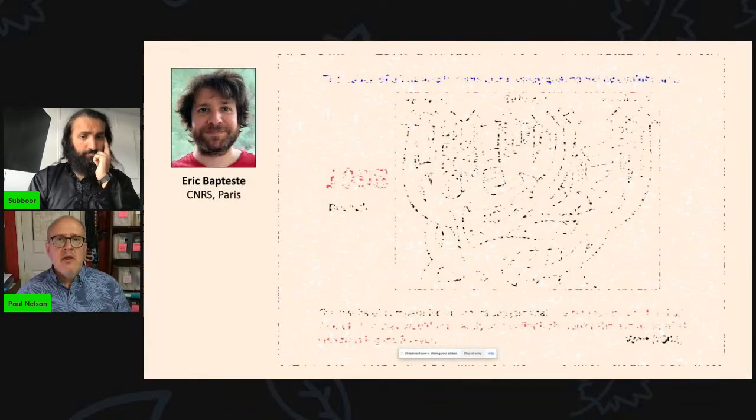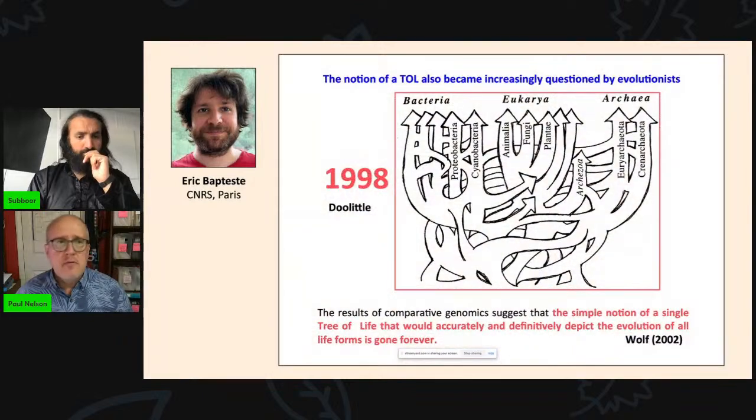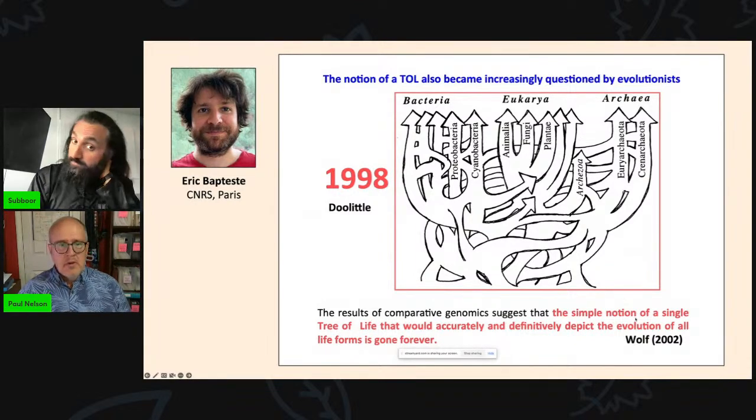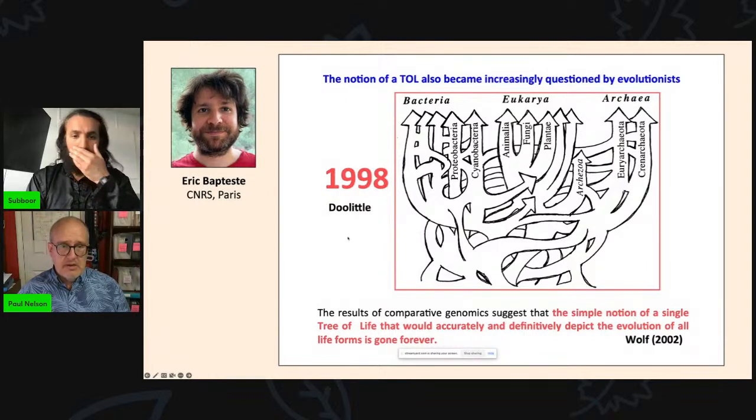All right. So here's Baptiste over here, and this is a screen capture from one of his lectures. He says, the notion of a tree of life is being increasingly questioned. And so he's reproducing the figure here from his mentor, Ford Doolittle. The simple notion of a single tree of life is gone forever.